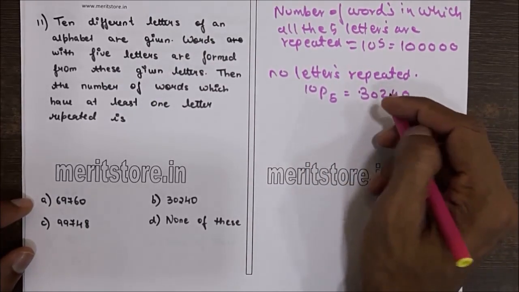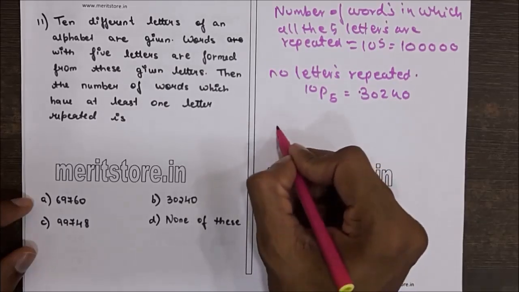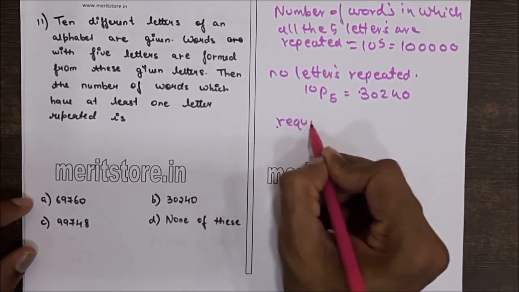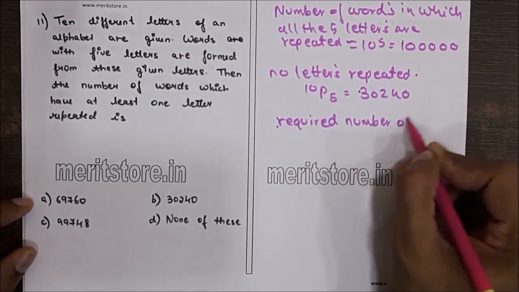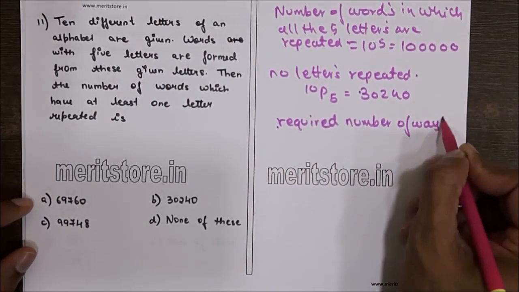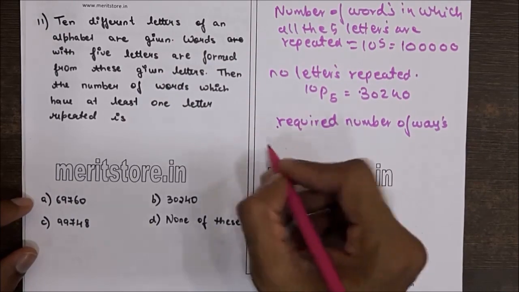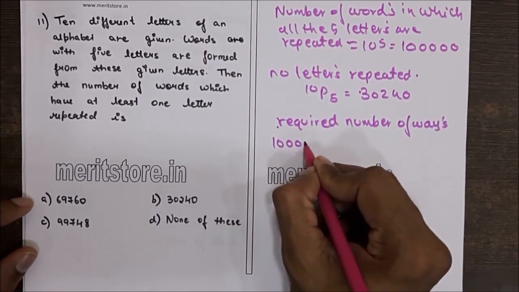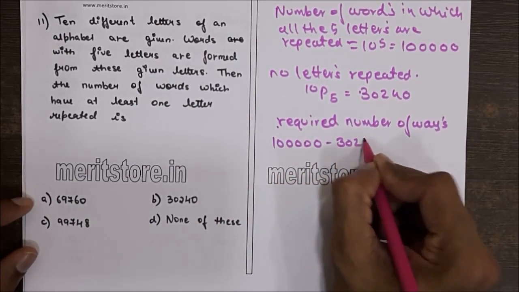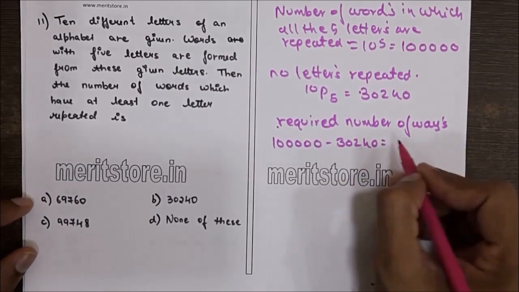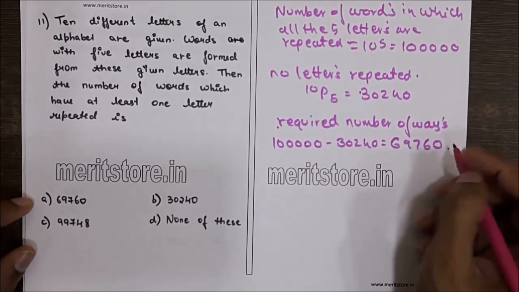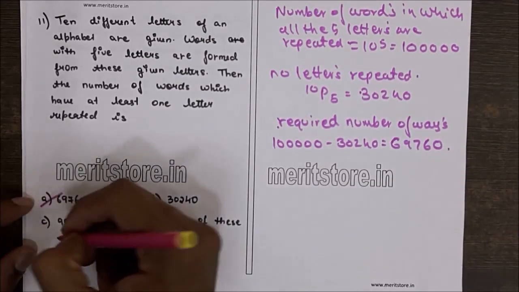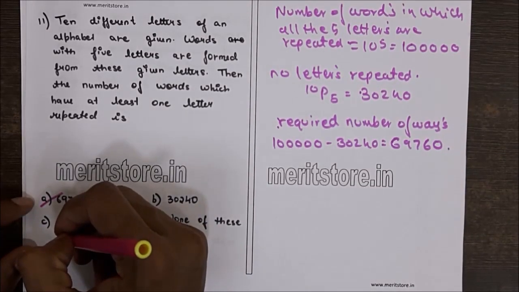Hence the required number of ways is 100000 minus 30240, which is equal to 69760, which is our option A. Therefore option A is the correct answer.